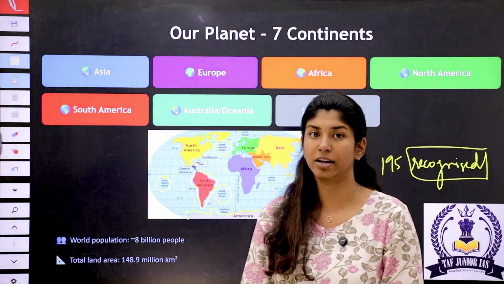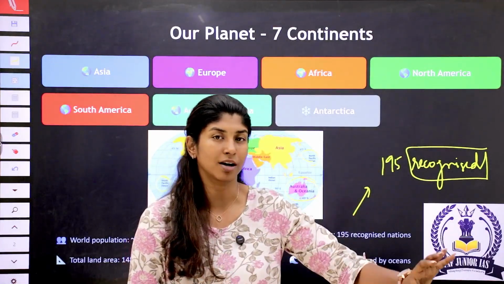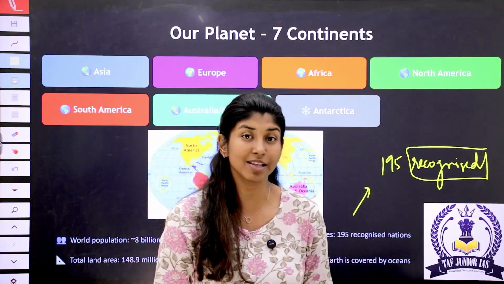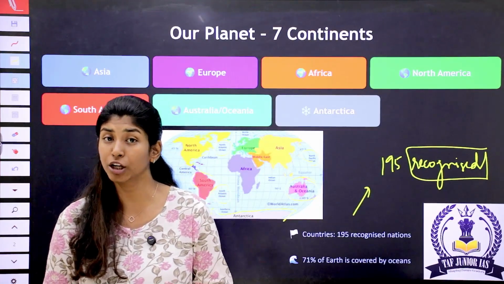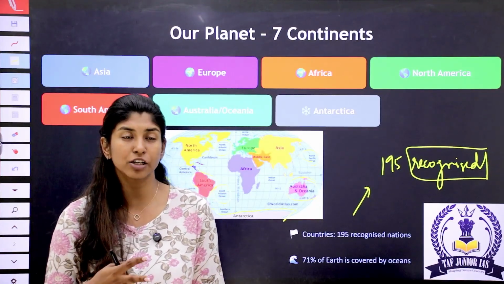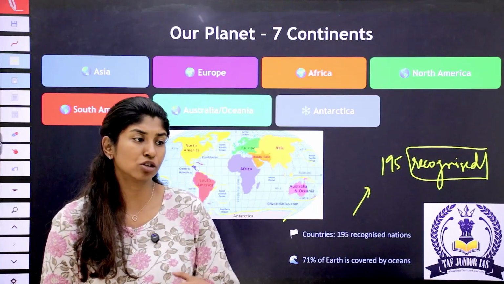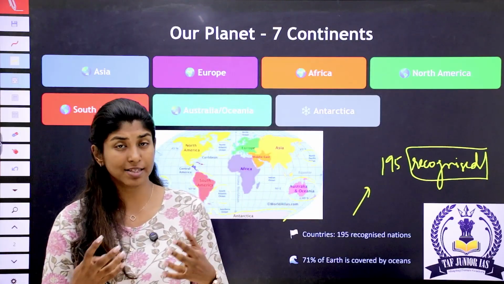For example, the UN or other countries will accept that you are a country. When all the other countries accept or recognize them as a country, then they are called countries. There are some parts of the world, for example, if you read news, you will come to know that even in today's world, there are a lot of fights going on. For example, the Jews are asking for their own country, and there are the Gaza Strip and all.